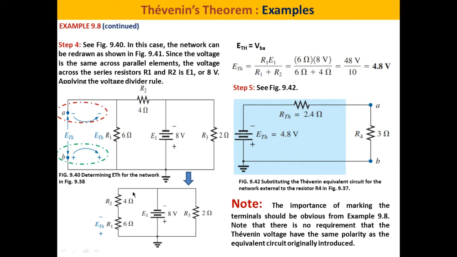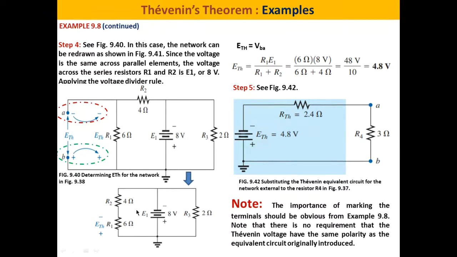But we are interested to determine the voltage across R1. So R1 and R2 are found to be in parallel with the voltage source. So the voltage across R1 plus R2 is found to be 8 volts. So we can determine using the voltage divider rule the voltage across R1, which is equal to 4.8 volts.